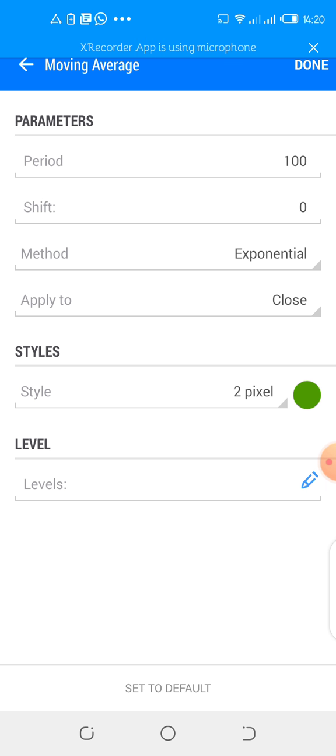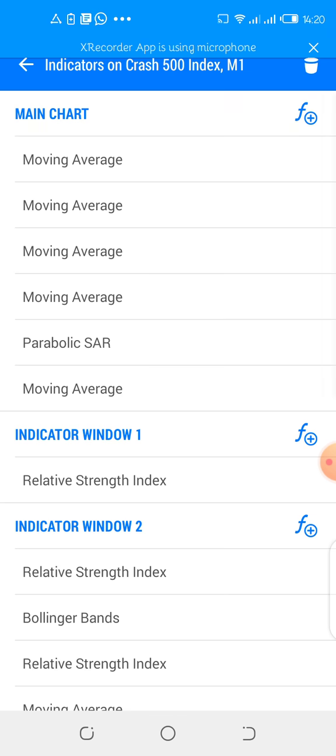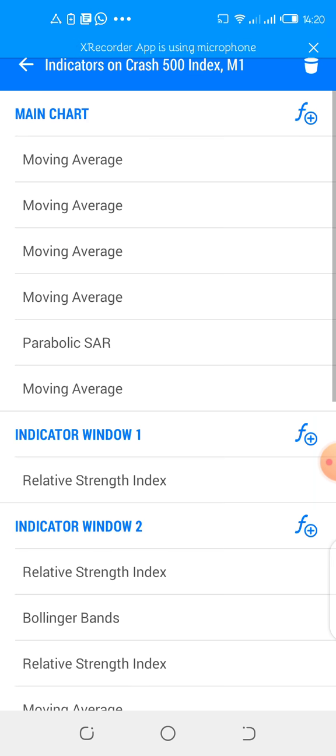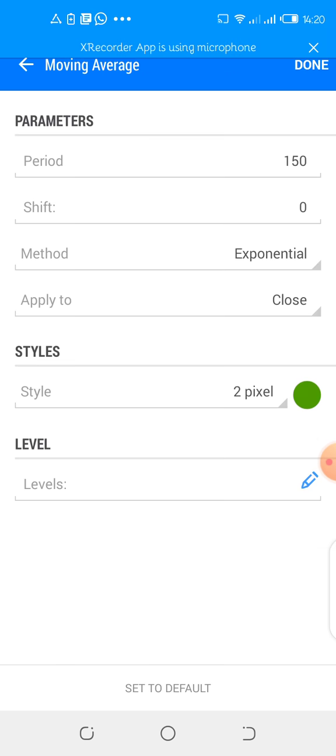So moving average 100, again exponential, and then another moving average, moving average 150 exponential, again same color. So it is 4 moving averages: 13, 50, 100, and 150.